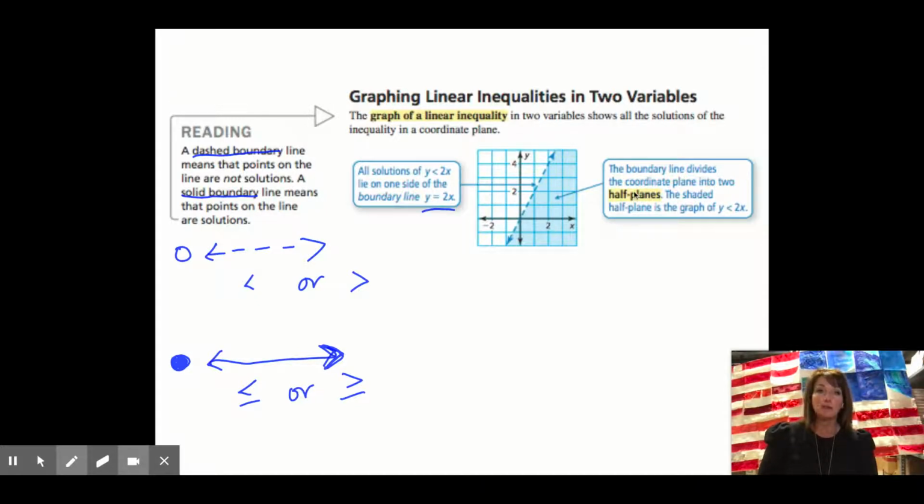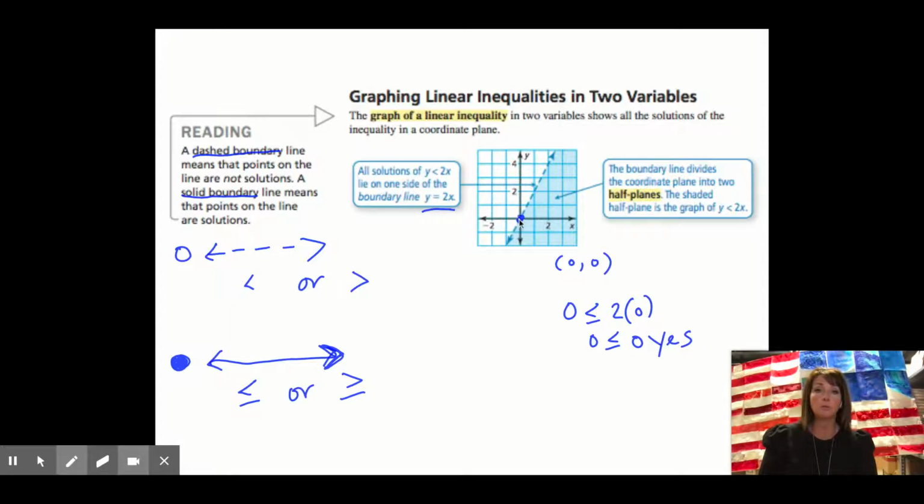The boundary line is dividing the coordinate plane into 2 half planes. Notice that we left one of them unshaded, and one of them is shaded. In order to determine what is shaded, you want to test the ordered pair 0, 0. So 0 less than or equal to 2 times 0, 0 less than or equal to 0. Yes, it is a solution.